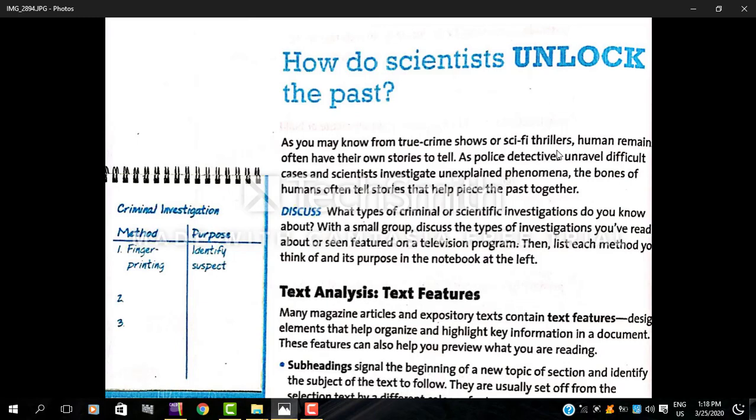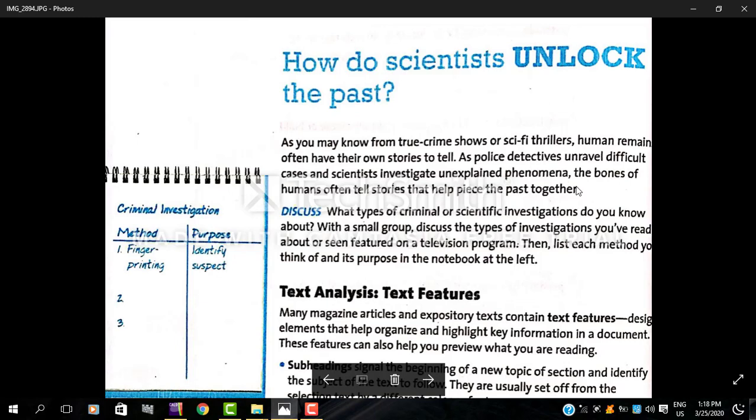Of course, while you are watching these movies or whatever channel you are watching on, human remains often have their own stories to tell, as police detectives unravel difficult cases. The police officers try to unravel difficult cases.